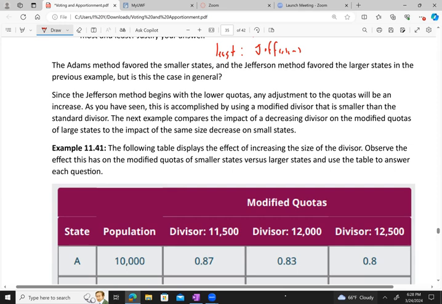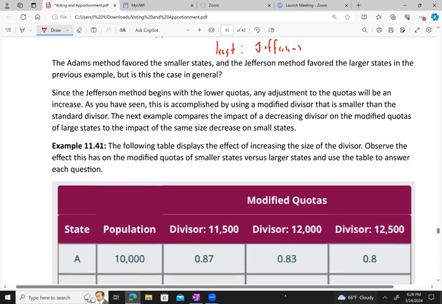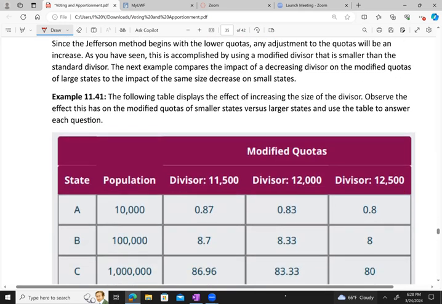The next example compares the impact of a decreasing divisor on the modified quotas of large states to the impact of the same size decrease on small states.